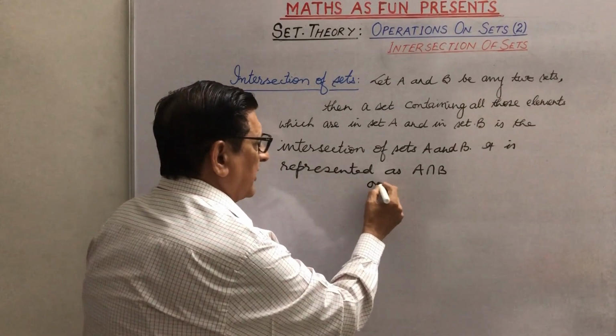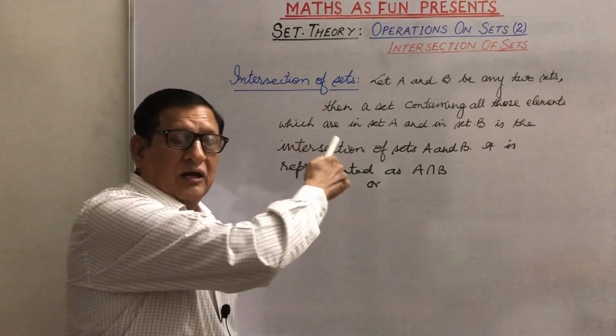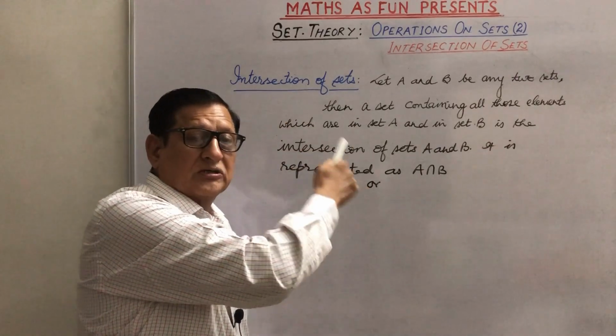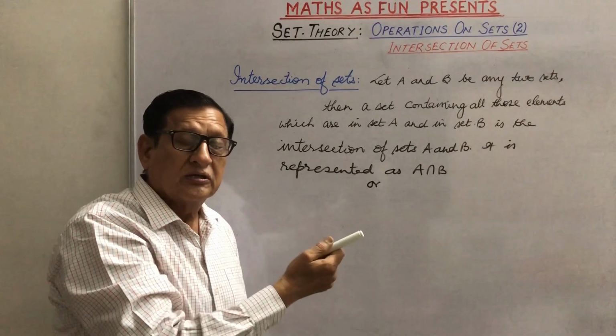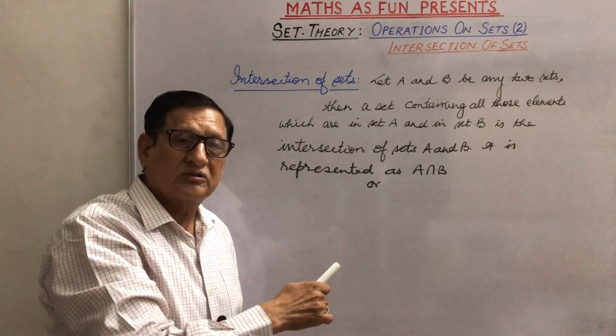We can also say, having the elements in set A and in set B. It means the elements are common in both the sets.